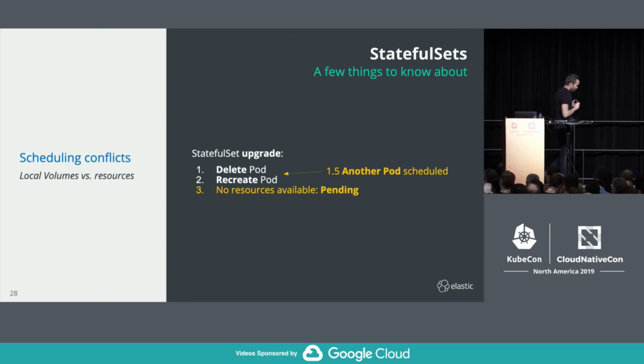Another funny scenario that we encounter is when dealing with local persistent volume. So maybe you're just using the disk attached to a particular Kubernetes host. For that, you're using a local persistent volume. Now, what happens when you need to upgrade a stateful set because the spec changed?